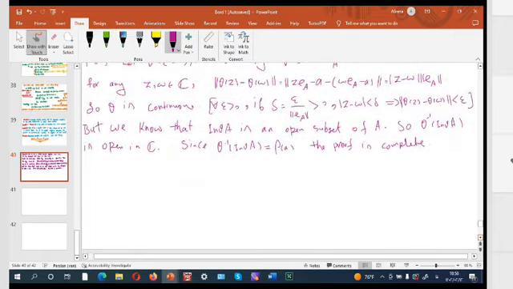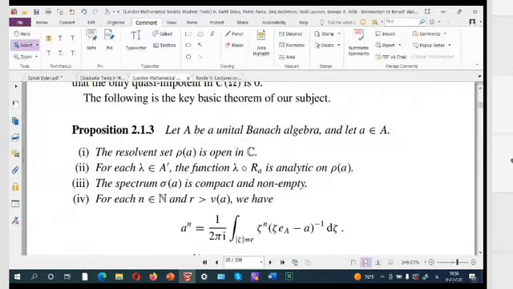Two, for each lambda in A prime, the dual of A. You can denote the dual of A by A prime or A star, okay? The function lambda composed with R_a, the resolvent function, is analytic on rho of a. Let me write this for you.